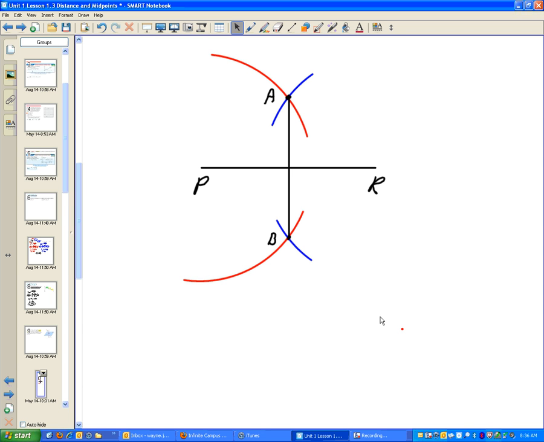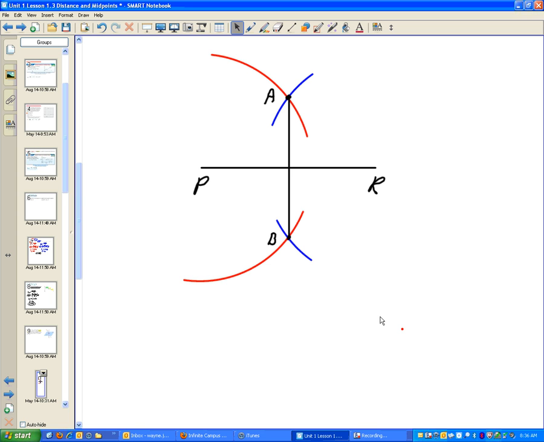So not only is this construction the way you construct segment bisector, it's also the way you construct perpendicular lines. And then later we'll learn something called a perpendicular bisector. Guess what? That's what we just did. Okay? Because the lines are perpendicular and AB is a bisector, and so it's a perpendicular bisector.